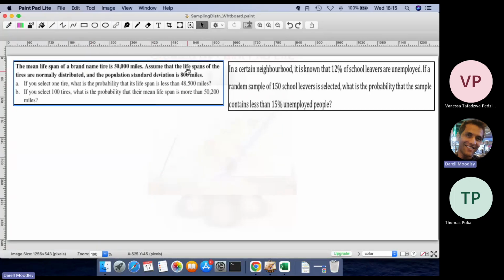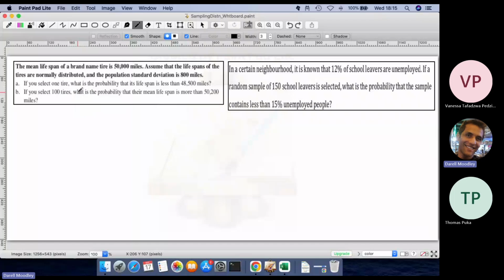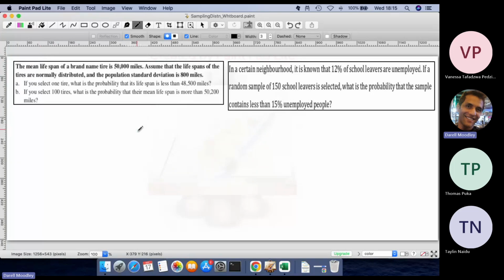Assume that the lifespans of the tires are normally distributed and the population standard deviation is 800 miles. So let's start writing out the symbols for the values they're giving us. The mean lifespan of a brand of tire is 50,000 miles.